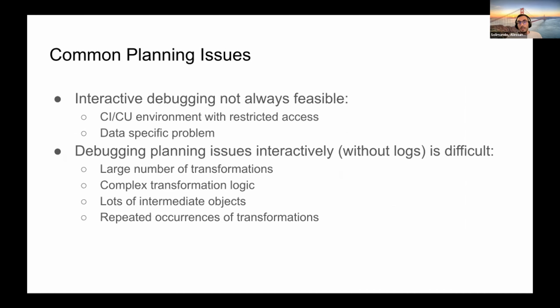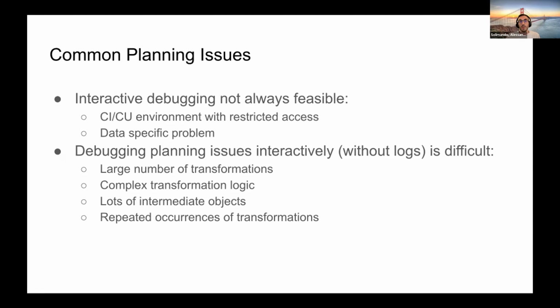Another way to investigate issues is interactive debugging, but that's not always feasible because sometimes the failure happens in CI or it's in a customer environment with restricted access. Sometimes the problem is data specific. You don't have enough data or the full data specification to really reproduce the problem. And even if you do, debugging planning issues without using logs is challenging.